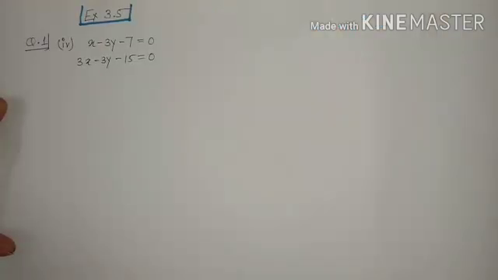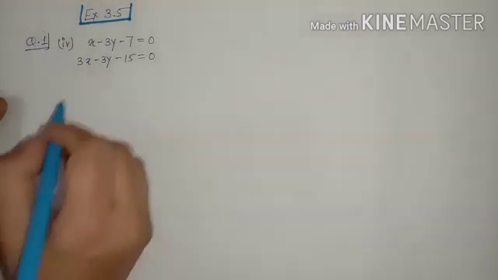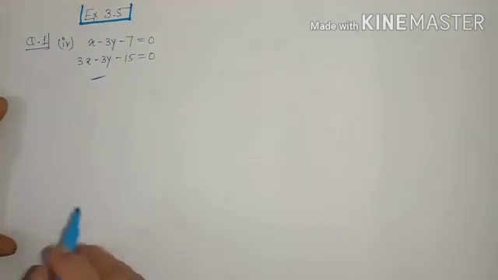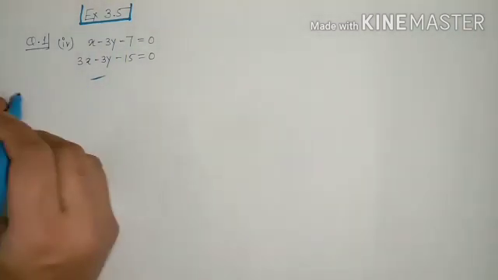x minus 3y minus 7 equals 0, 3x minus 3y minus 15 equals 0. Already these equations are in standard form, no need to convert them.